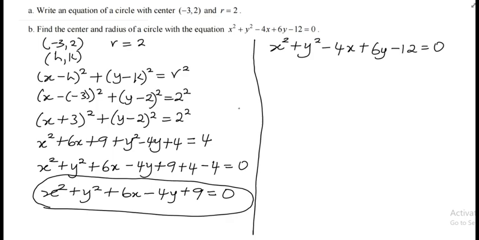You can use the form x² + y² + 2gx + 2fy + c = 0, or you can use the method of completing the square and factor out (x - h)². So this is another way we can do it, but let's use the first one.